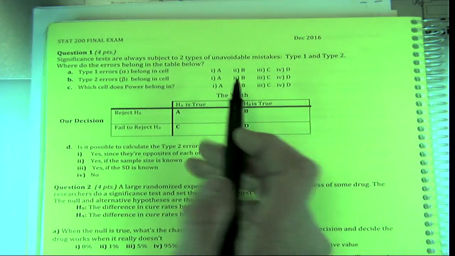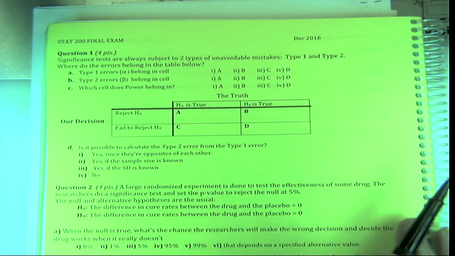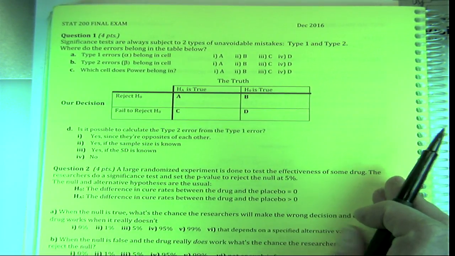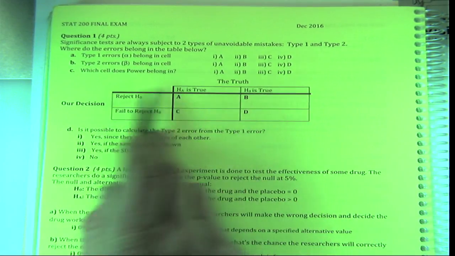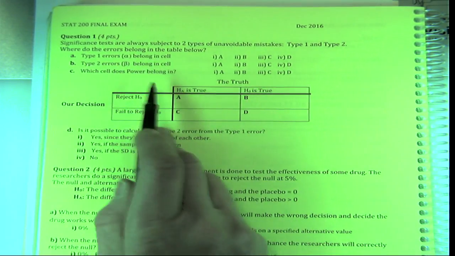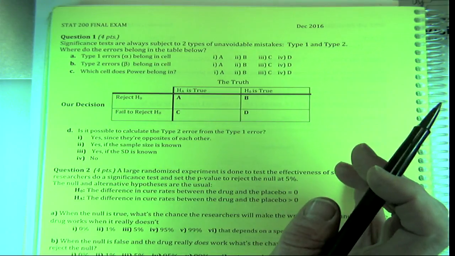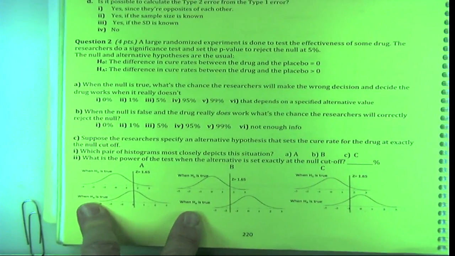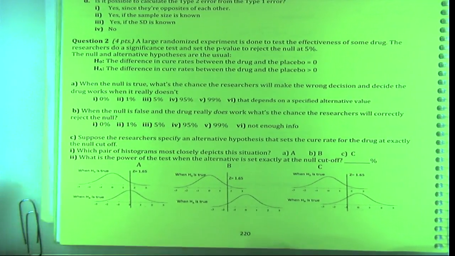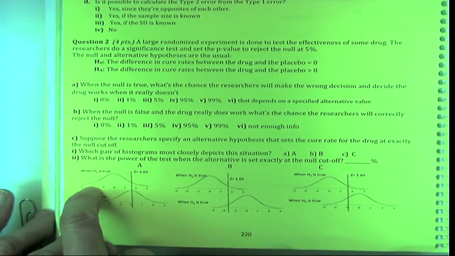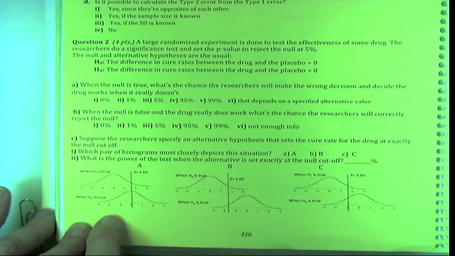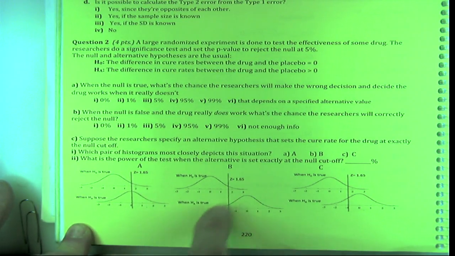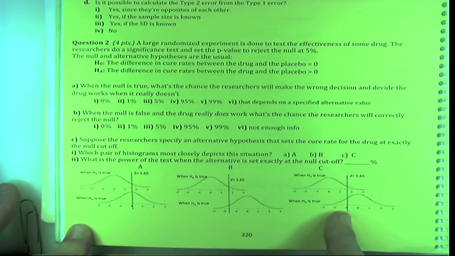Significance tests are always subject to two types of unavoidable errors, type 1 and type 2. All right, and so, I gave this little chart, and how can you remember this? What is what? Well, if you think back to these little graphs down here, and if you think of them this way, you're drawing a probability distribution when the null is true here, and when the alternative is true. And then you have this decision maker, this cutoff.